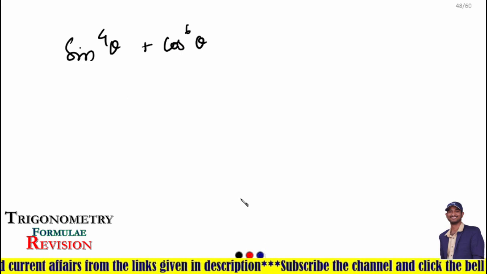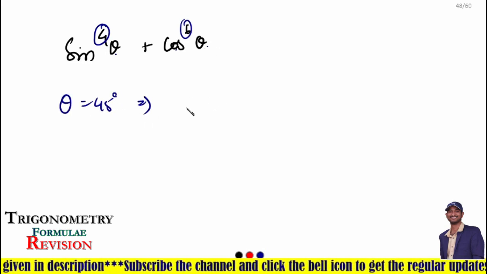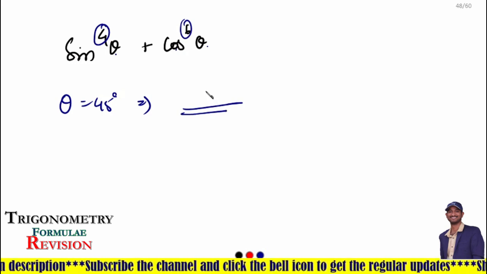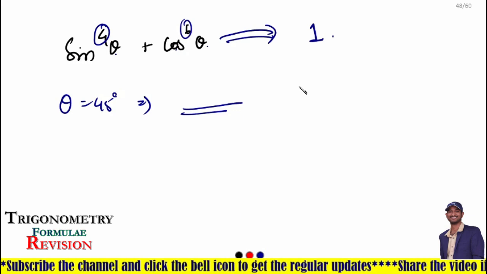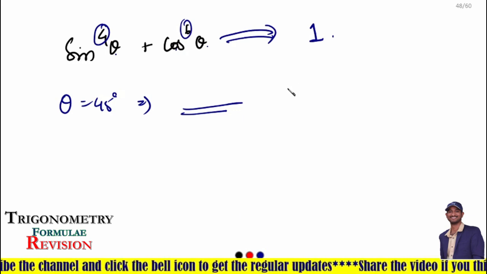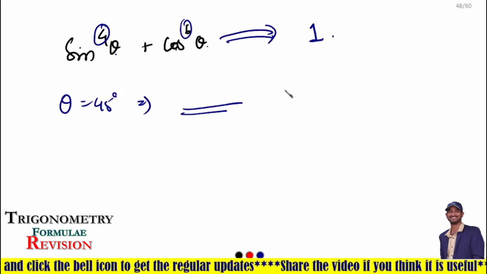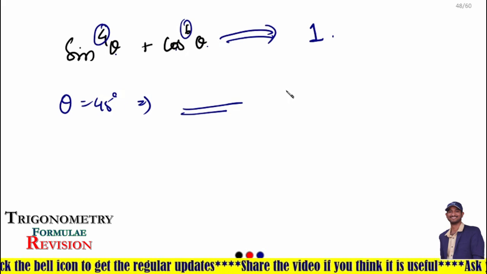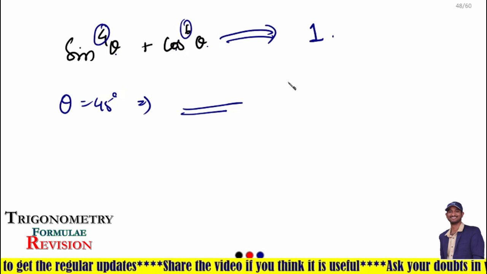It is in the form of sin to an even power and cos to an even power. So put theta equal to 45 degrees. The value you get is the minimum value. The maximum value is always equal to 1. That's it. Is it clear? So these are the formulas you have to remember in maxima and minima of trigonometric functions.